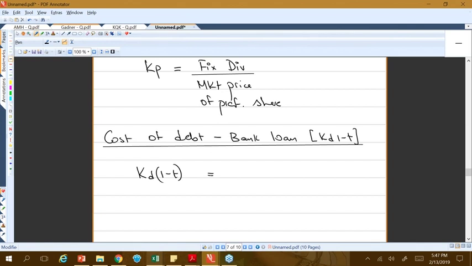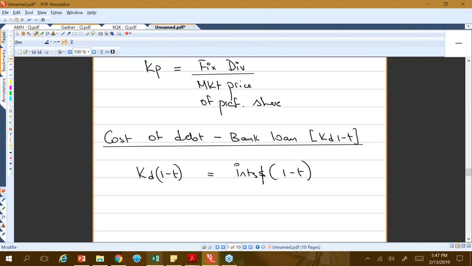Why tax? Because interest is a tax allowable expense. So the KD(1 minus T) of the bank loan is simply your interest (1 minus T). That's it. Nothing difficult. Extremely easy. So cost of debt of the bank loan is found out by taking the interest in dollar terms and then (1 minus T). And that gives you the KD(1 minus T).